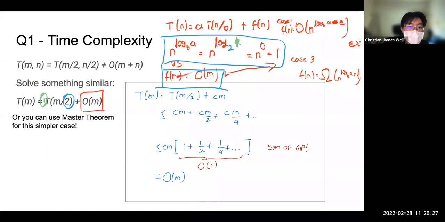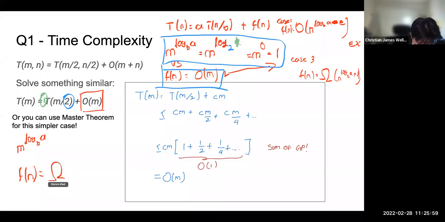Something I conveniently placed wrongly here is n to the power log base b of a. But in this recurrence our variable is m, so these should be m. If you compare these two, f(n) is actually omega of m to the power 0 plus some epsilon.